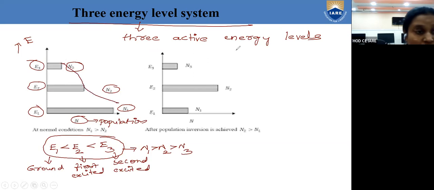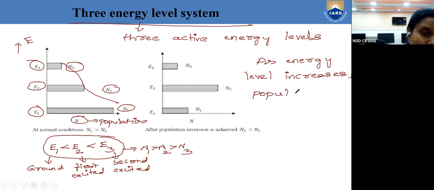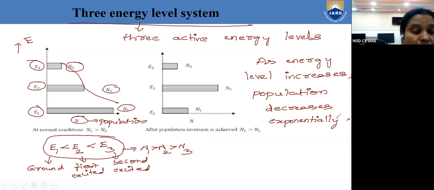Population decreases exponentially, as I told you when I introduced the population concept. This point you have to understand. So this first figure is under normal condition.